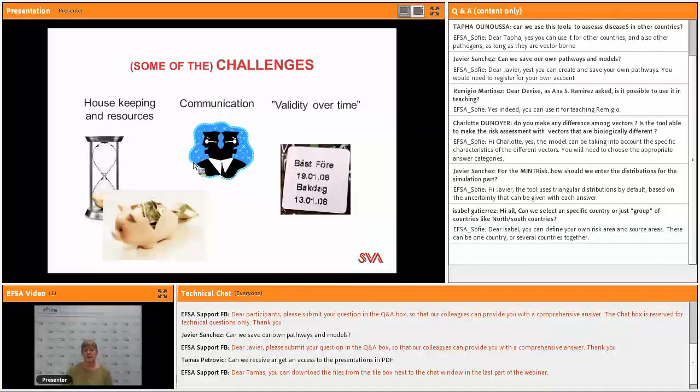And that's why we always publish our assessments together with a comment: what does this mean for Sweden? And validity over time can also be an issue. In our case, we do these assessments following specified events, and the validity is then more or less until the next time we do an assessment for the same disease.